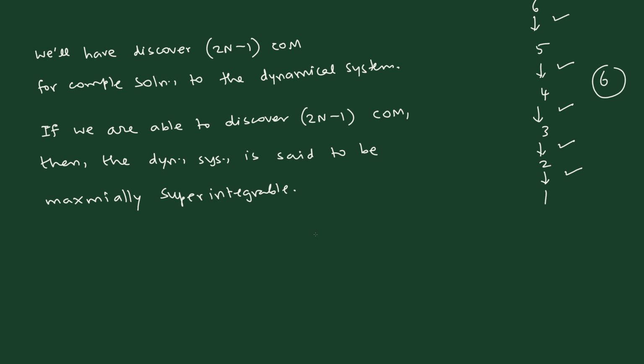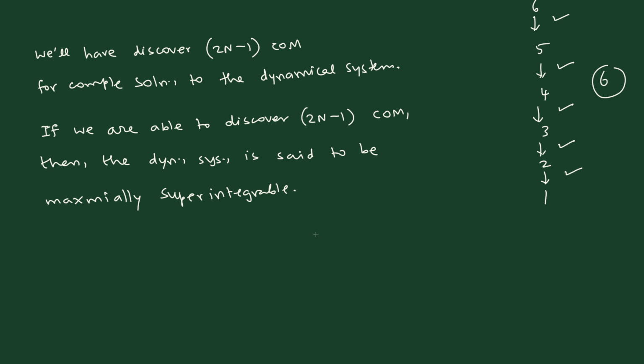Okay, so the point is this: if you are able to discover or find successfully 2n minus 1 constants of the motion for a given dynamical system, then we say that such a dynamical system is maximally superintegrable, because there is a maximum that is possible. Integrable means finding the solution.